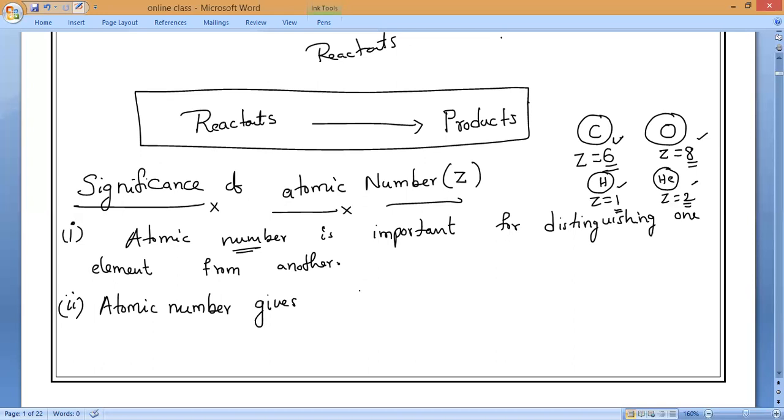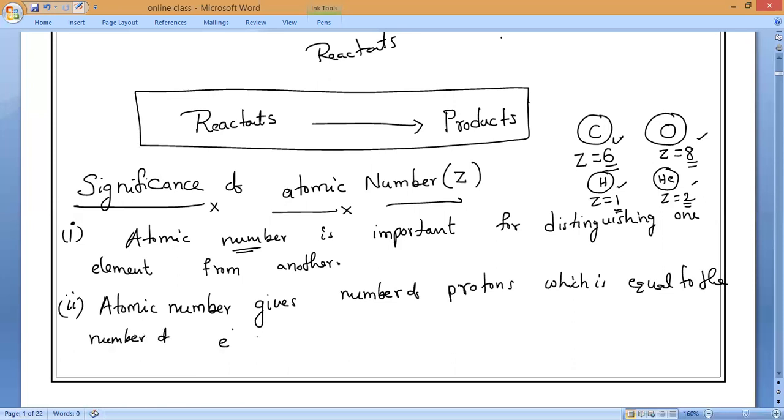That is, atomic number gives the number of protons. All of you have to remember this always. That will give the number of protons, which is equal to the number of electrons in a neutral atom.